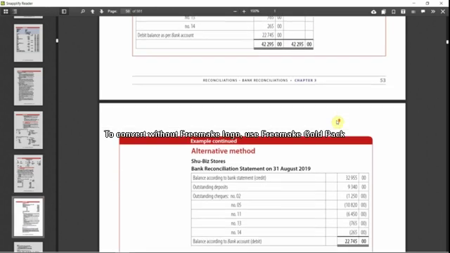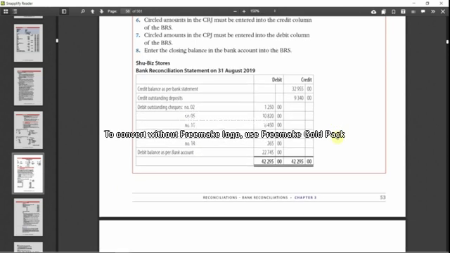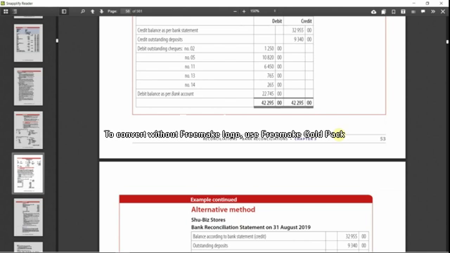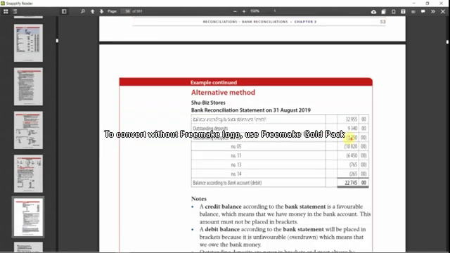And now there's only one thing remaining to know about when it comes to the basics of bank reconciliation statements, and that is that there's an alternative method.